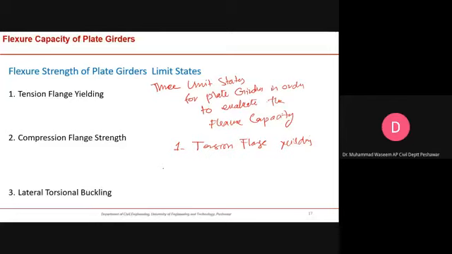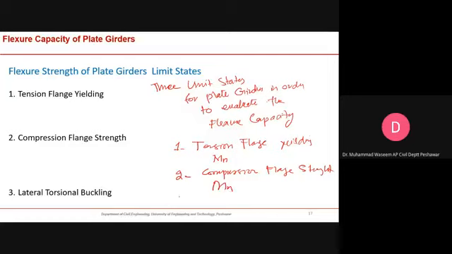What is the second limit state? For this limit state, you will have a definite equation to calculate the nominal capacity of the plate girder. The second limit state is the compression flange strength. For that, you have a different equation.